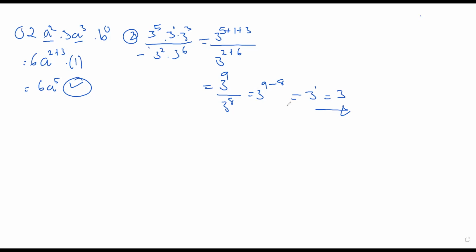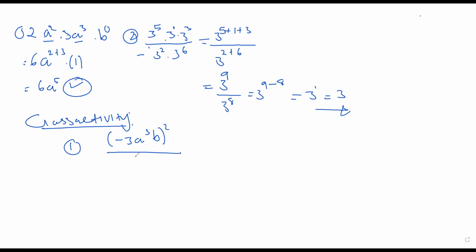Then we're going to finish with an example to make a class activity. Firstly, we have negative 3a cubed b to the exponent 2 divided by a to the exponent 5 b to the exponent 3.